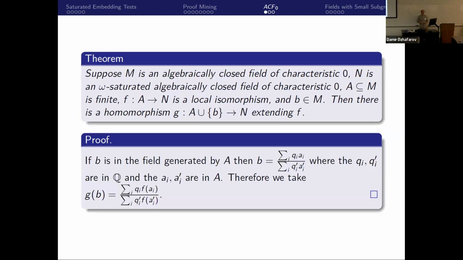So the proof goes by cases. First of all, these elements generate a subfield. This is finite, so it's not the full field. The field generated by these elements consists of things that look like this.